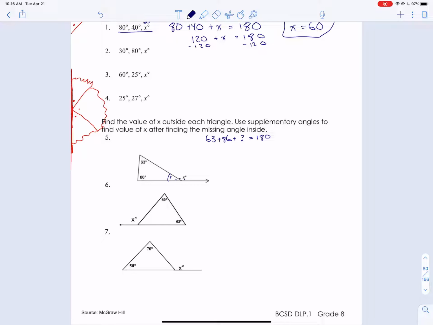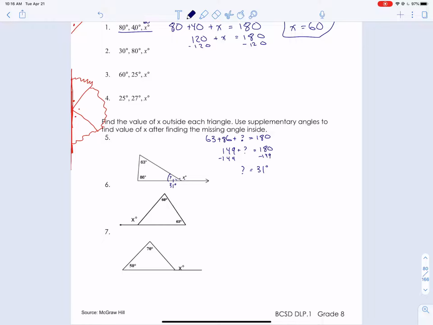Okay, so 63 and 86. 63 plus 86 is 149 plus some number equals 180. So then we subtract 149 on both sides. So this angle inside the triangle is 31 degrees.